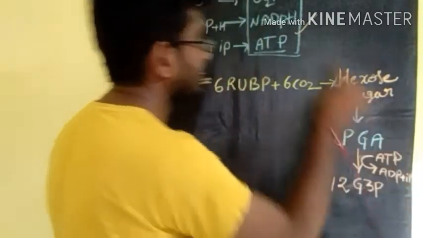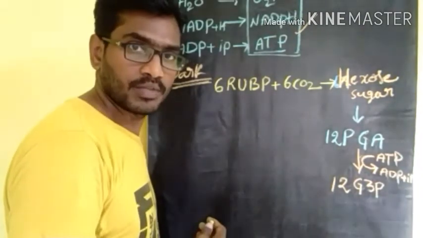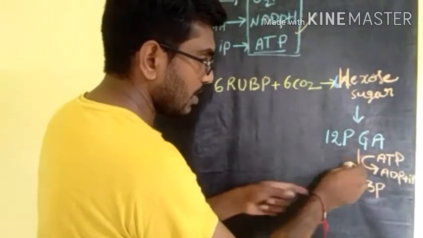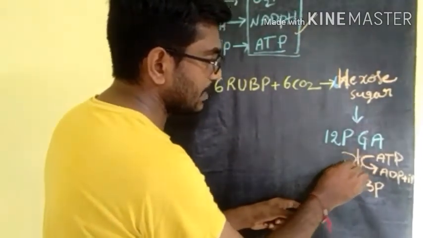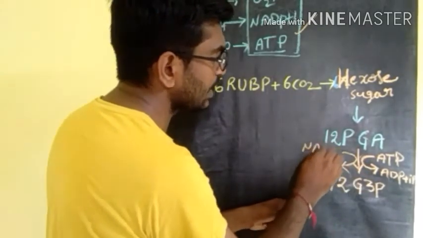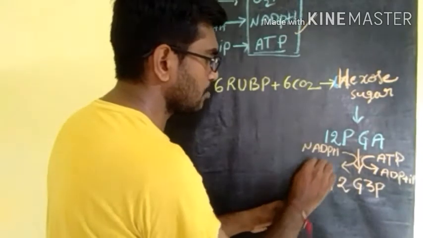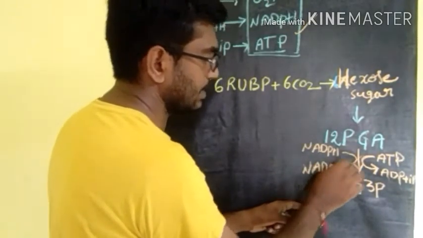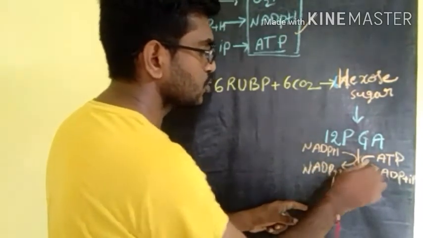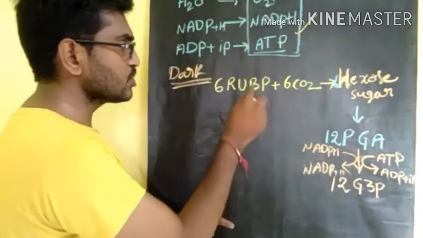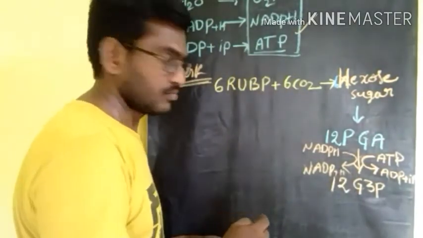Again ADP enters into the stroma. Along with that, NADPH also breaks down and forms NADP plus H. These hydrogens attach to the carbon.